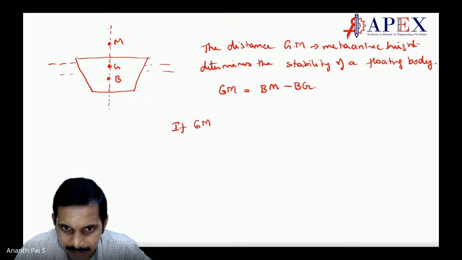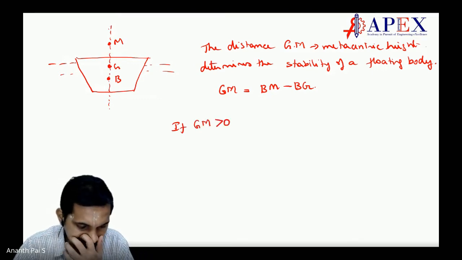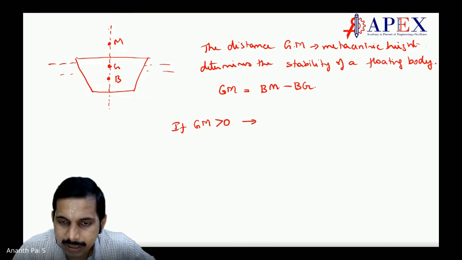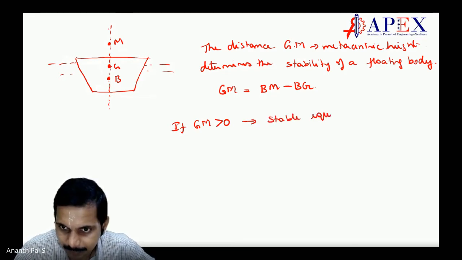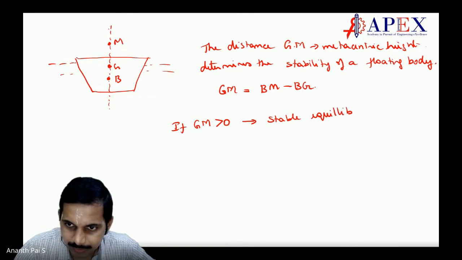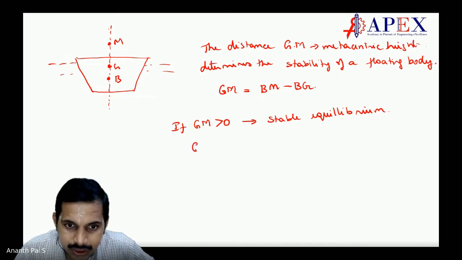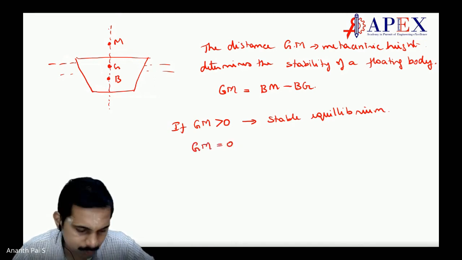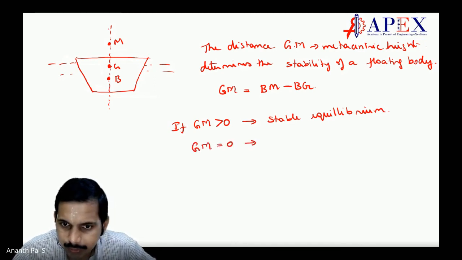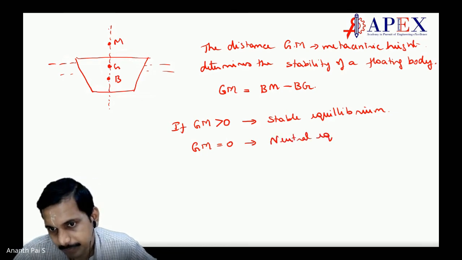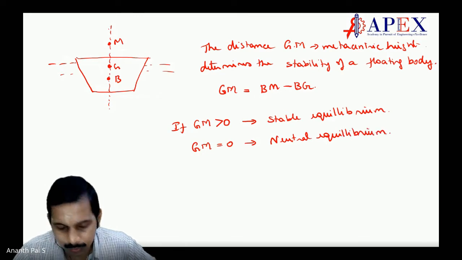Now if GM is greater than 0, then it is called stable equilibrium. If GM is equal to 0, it is called neutral equilibrium.